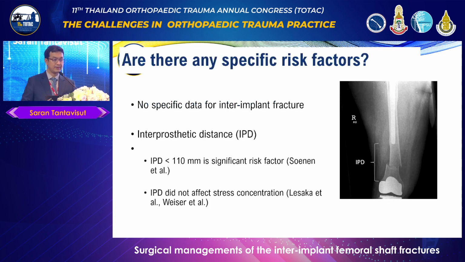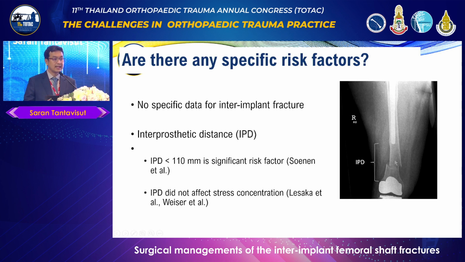Are there any specific risk factors? There's still no specific data for inter-implant fracture, but we can use the risk factors from interprosthetic fracture. For interprosthetic fractures, the point of concern is the interprosthetic distance, the distance that I show in the picture here.